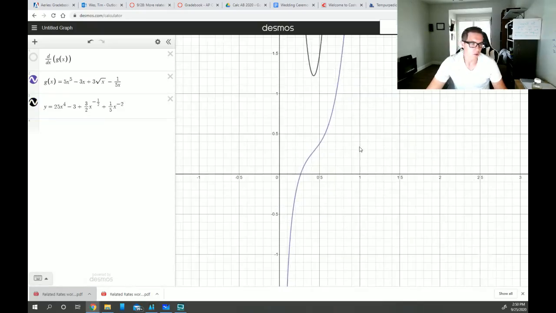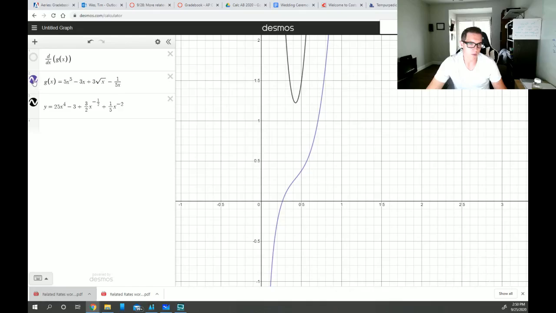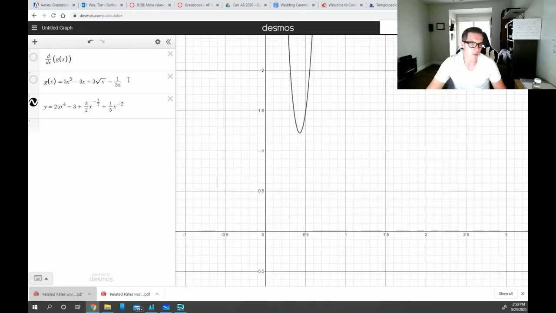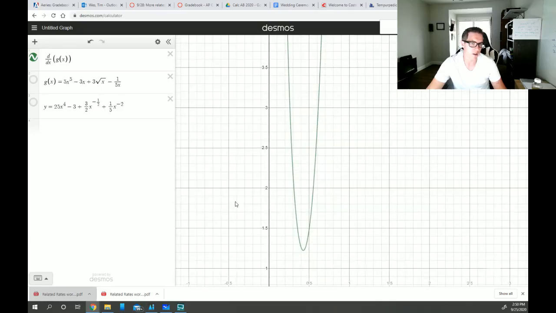Okay, moment of truth. Let's get rid of the purple function. I really hope that the derivative of g is right. So good. Same function, the derivative of g equals this thing that I calculated, which means that everything checked out.